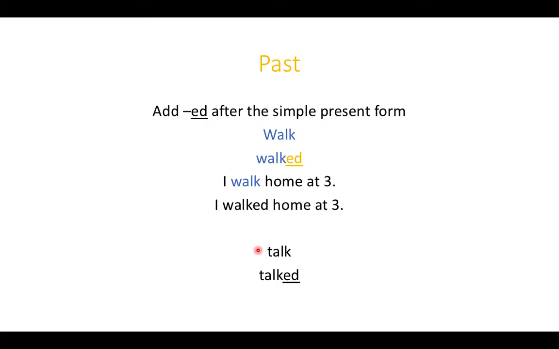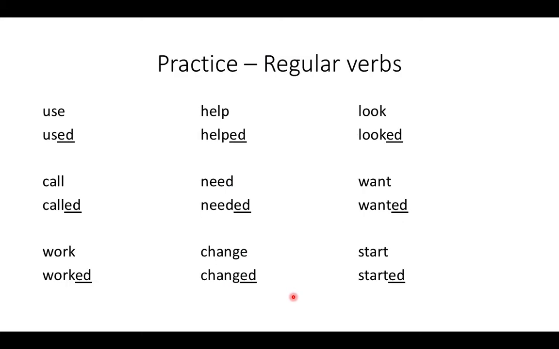You can do it with lots of verbs. So like talk turns into talked. We just add an ed. And that's all you do to make it past, you just add the ed. So in English, we have two things. We have regular verbs, regular action words, and irregular verbs, or irregular action words. And regular just means normal, and irregular means not normal. Regular verbs are nice because you just add the ed at the end, right?